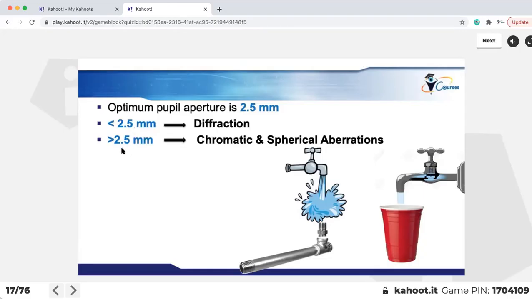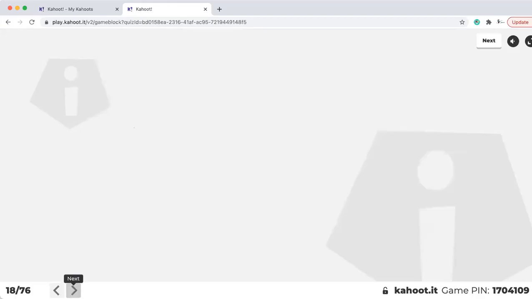No, because if it is more than 2.5 millimeters, the light going through the eye is more likely to suffer from chromatic and spherical aberrations caused by refraction from the lens periphery and the corneal periphery. So the fully dilated pupil, or the physiologically dilated pupil, will allow more higher order aberrations.